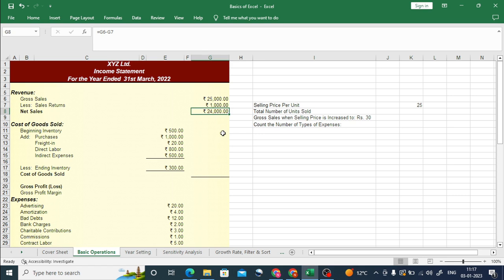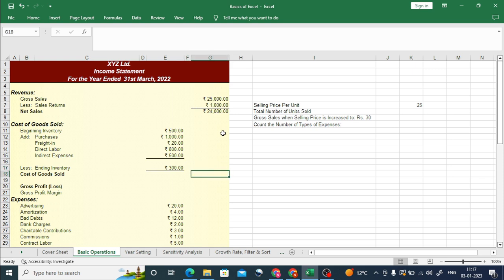Next, we come to calculating the COGS, which is cost of goods sold. So you can see the data which will be used to calculate the cost of goods sold. We have beginning inventory, then we have to add purchase, add freight in, add direct labor, add indirect expenses, and then we have to reduce the ending inventory from the total so that we arrive at the figure of cost of goods sold.